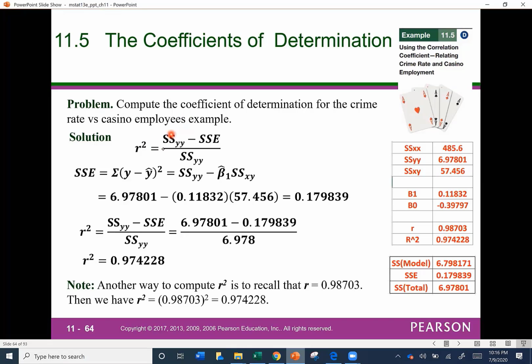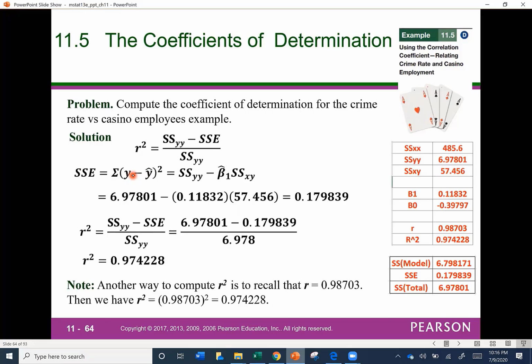The sum of the squares of all y is this number, 6.97, here, 6.97, minus the sum of the squares of all errors. Remember, the error is the value in my sample minus the prediction of my model. That is the error of my model.